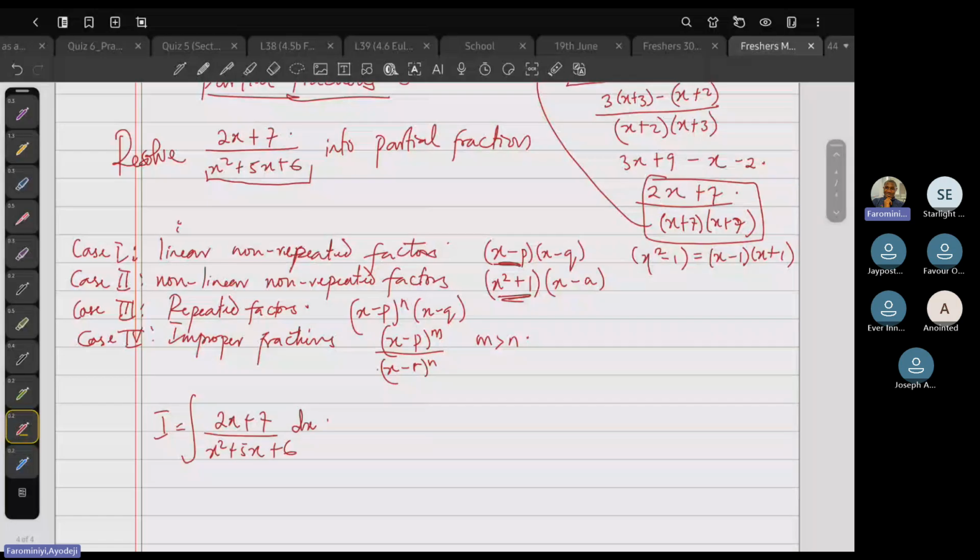It cannot be simplified. You cannot split it up. Then the second thing is, can you use U substitution? Well, technically, if you are very good with manipulations, maybe you can think of a way to use U substitution here. But the ideal thing to take as U should be the denominator here. And when you take the derivative of the denominator, you are going to get 2x plus 5, which is not exactly what you have in the numerator. So U substitution is not advisable here.